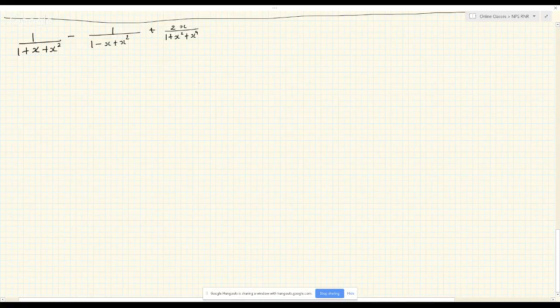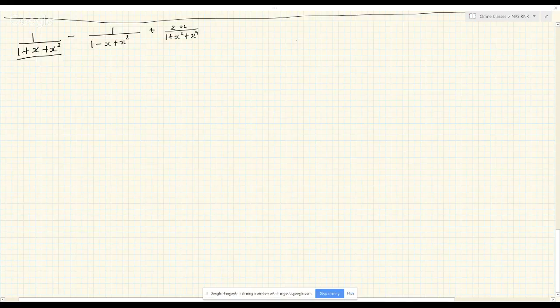Okay, very good. So clearly none of the denominators are factorizable, but it gives me one indication. Where have I seen that 1 plus x square?